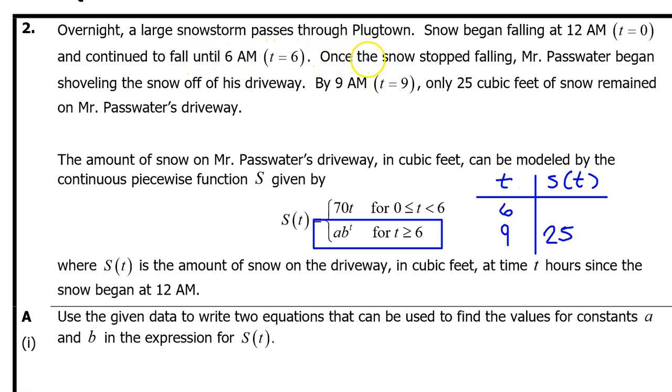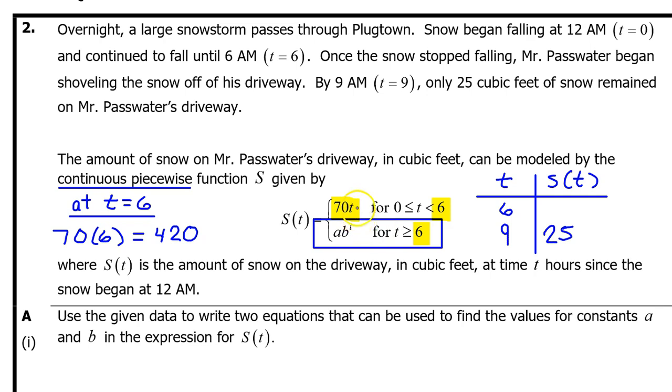However, they do tell us that this piecewise function is a continuous piecewise function. Notice that t equals 6 is the transition time from the first piece of the piecewise function to the second piece. Because the piecewise function is continuous, the value of both parts must be equal at t equals 6.